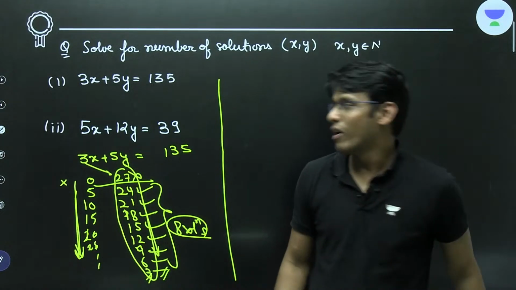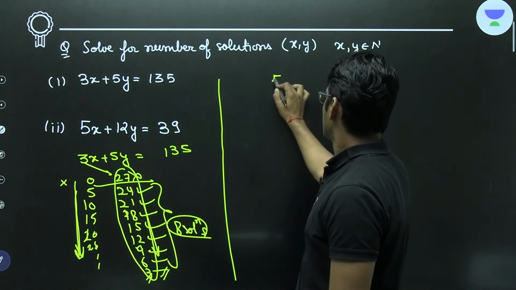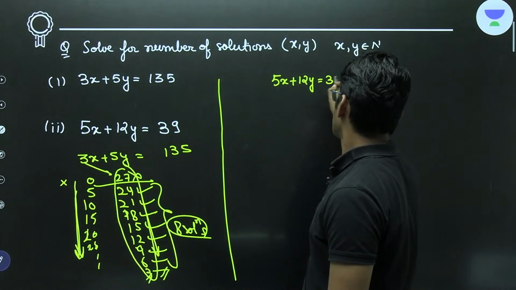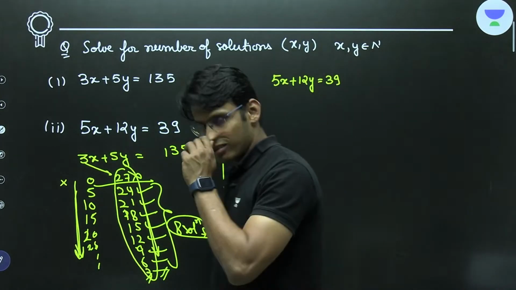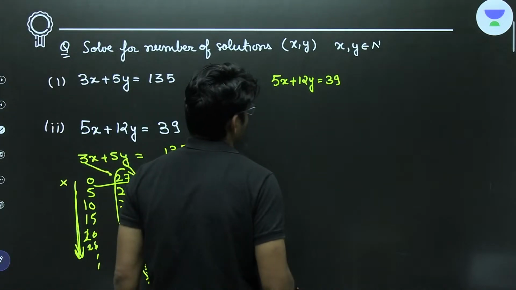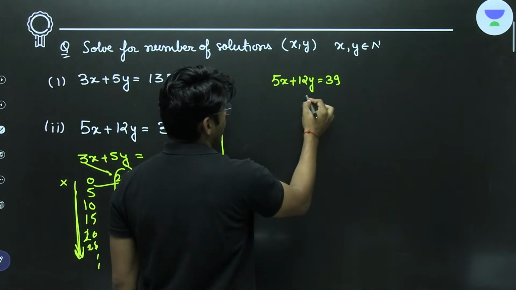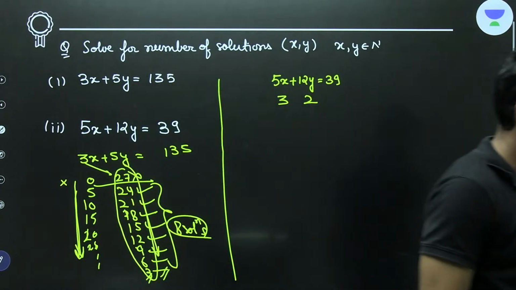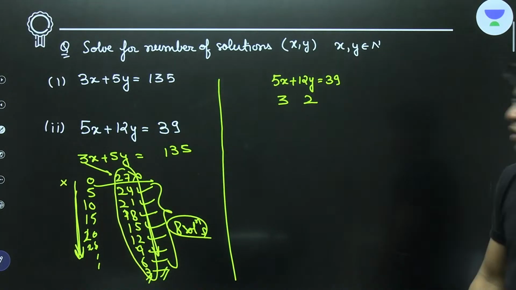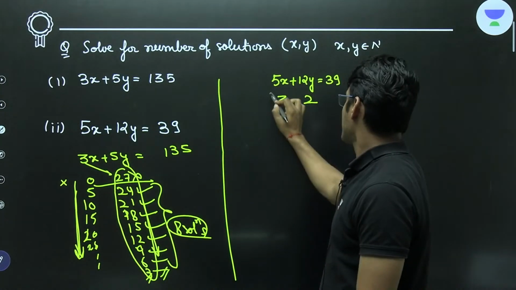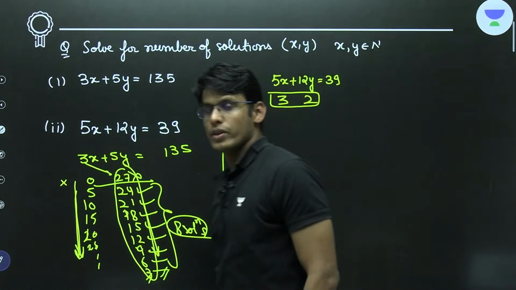For second, it is only one. Interesting. 5x plus 12y equals 39. Now, if I put y equals 2, I am getting x equals 3. Now, this is very interesting.